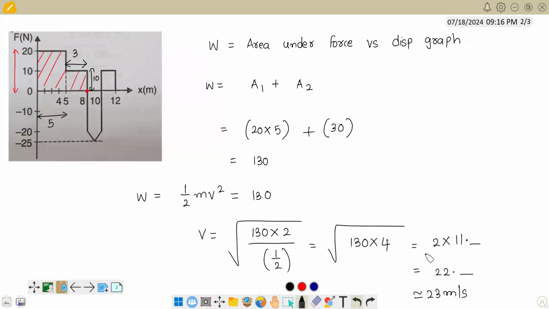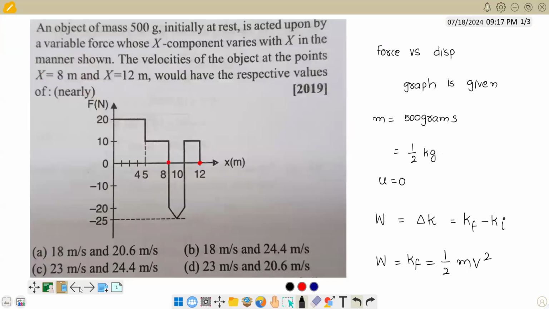I will do this exactly with a calculator and see what value we get. 130 into 4 would give me 22.8 meter per second, so approximately 23 meter per second. So we can say this value would be 20.6 and the other value would be 23 meter per second.